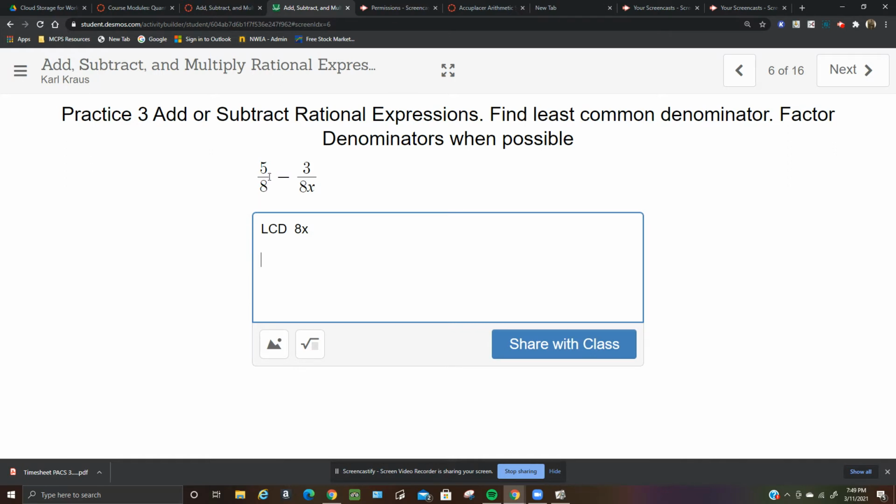If I want to make this an 8x, then I have to multiply that 5 times x there. So this would be in the numerator now 5x minus 3 over 8x. And those don't combine, so let's go ahead and leave it like that.